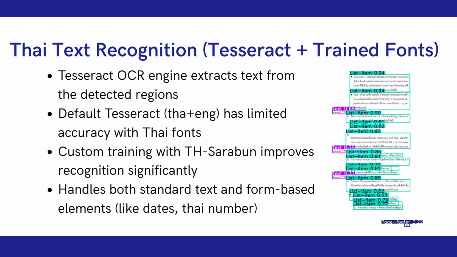It helps the system read better, even for complicated letters or Thai numbers. Actually, with just Tesseract, we cannot read Thai numbers, especially the Thai number 1, which looks like a dotted letter. So basically the normal one will read it as a dot for the number one in Thai.